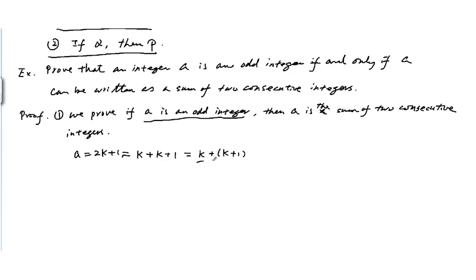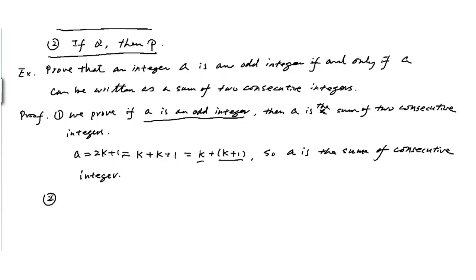So k is an integer, then k plus 1 is the next consecutive integer because it's 1 larger than k, right? So k plus 1 is consecutive. So a is the sum of consecutive integers. We demonstrate that, okay?